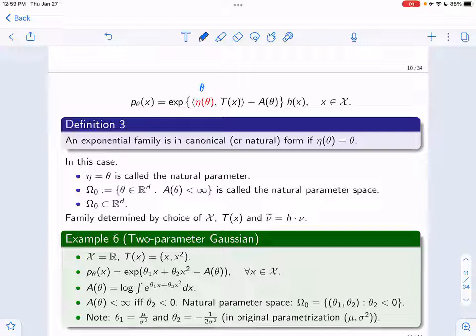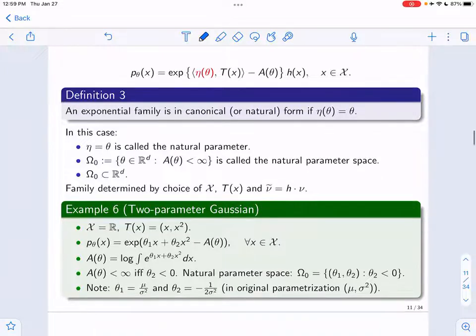So for an exponential family where the parameter is theta, or if you will, eta, doesn't matter which way you call it, the parameter is in R^d. That's called the natural parameter, and the family is in canonical or natural form.